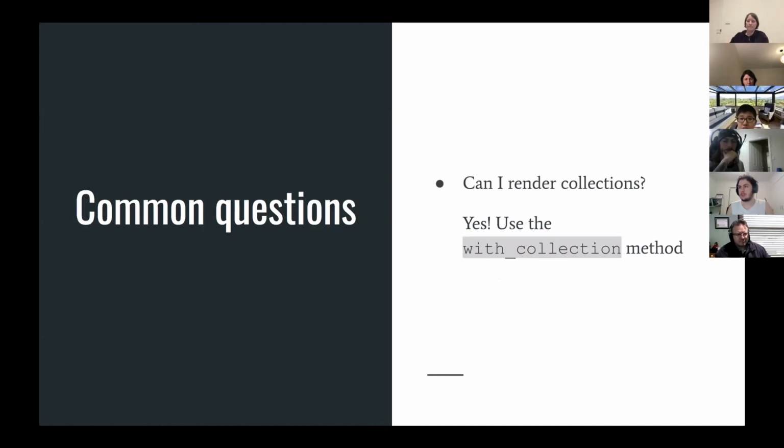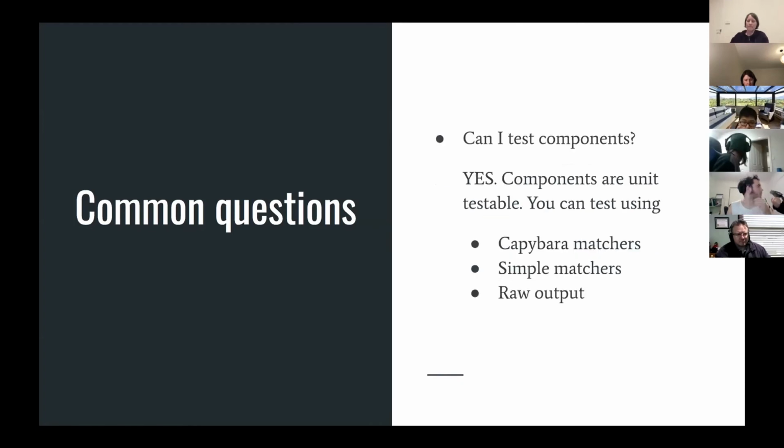Can I render collections? Yes. Instead of looping as I did, you can use the with_collection method, and you can say just render invitation component with collection, and you pass in the collection to it. Can I test components? Yes, and this is one of the most exciting things about view components, that now components are unit testable.